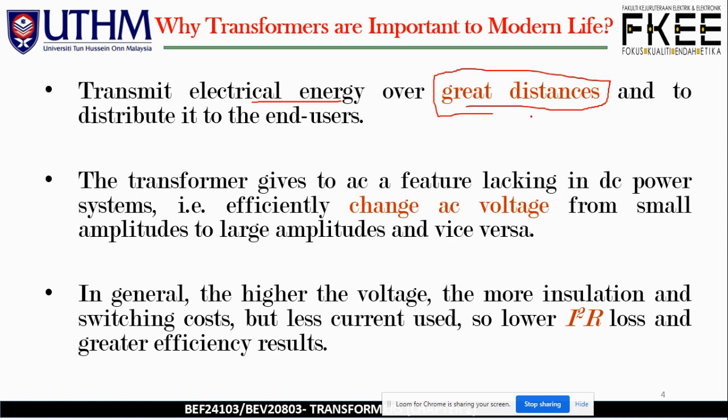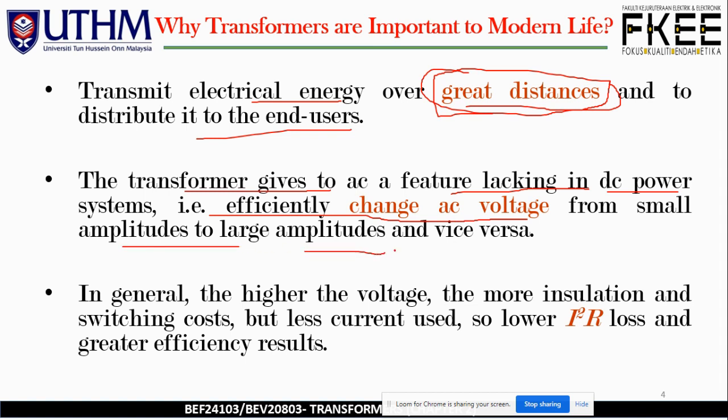So the ability of the transformer again is to transmit the electrical energy and to distribute it to end users. So again, transformer gives AC a feature lacking in DC power system. For example, efficiently change AC voltage from small amplitude to large amplitude, and the other way around.